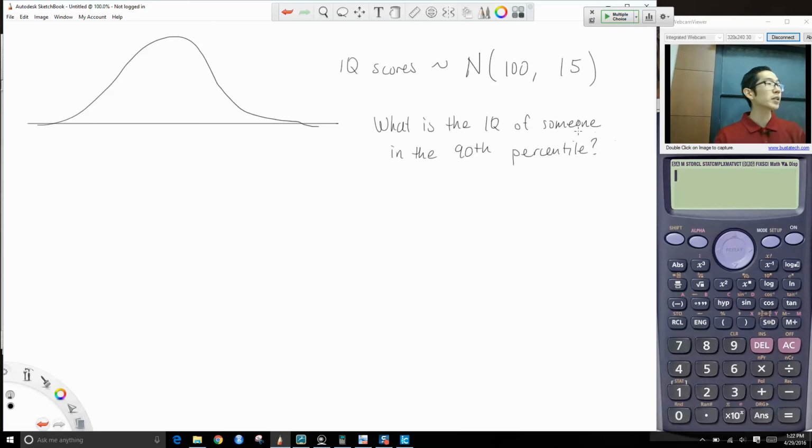Okay. 90th percentile means that 90% of people have IQs lower than the score.